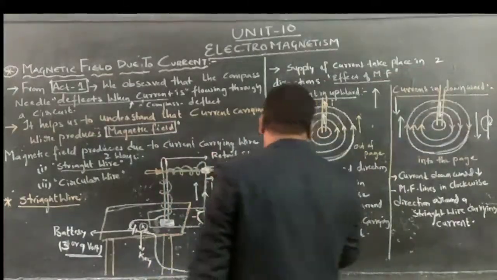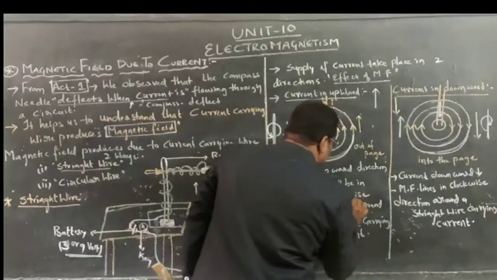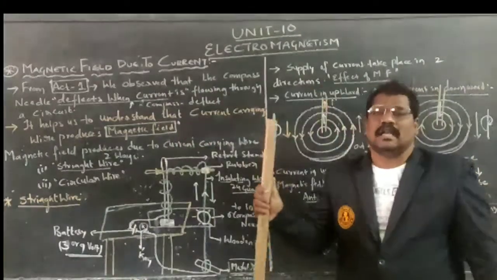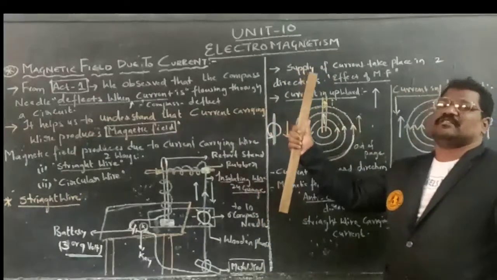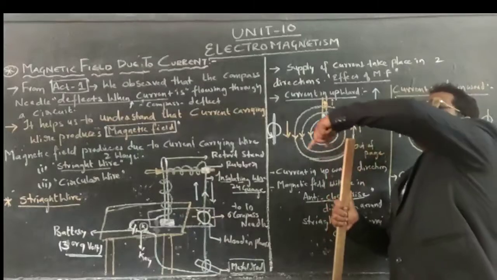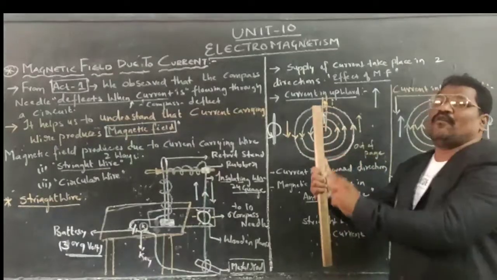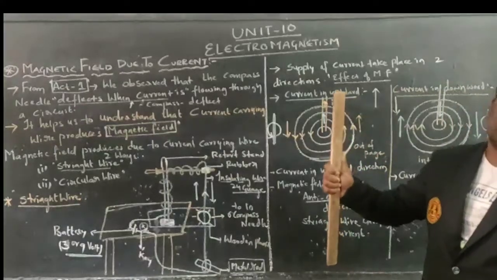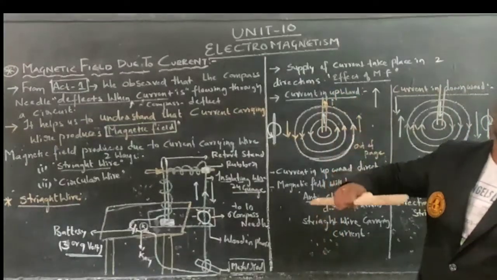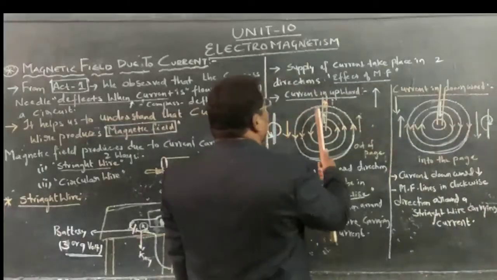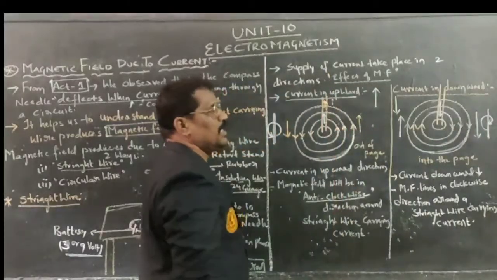The effect of magnetic field on a current carrying wire which is in upward direction, out of the page, will be in anti-clockwise direction around that straight wire. That is the concept of out of the page.